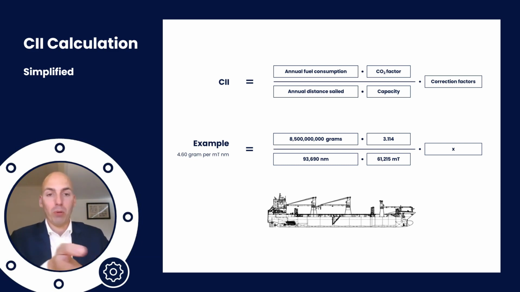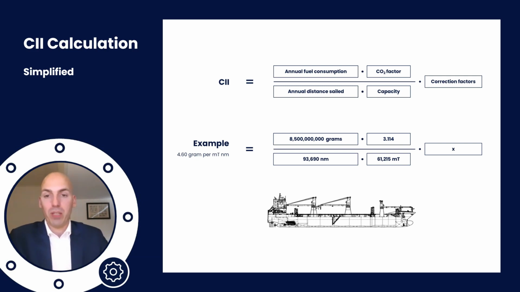So in this example, Boaty McBoatface has 8,500,000,000 grams of fuel consumed each year. Of MDO, no HFO, as I can see here, which has a CO2 factor of 3.114, and the annual distance sailed is 93,690 nautical miles, and the capacity for these types of vessels, deadweight, is 61,215.